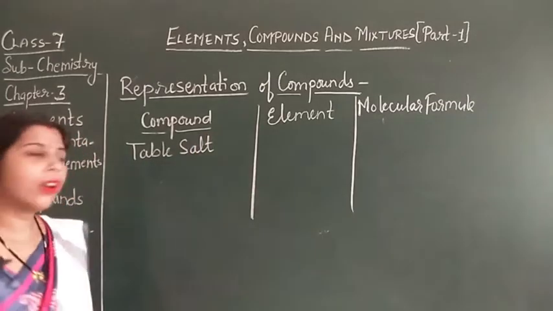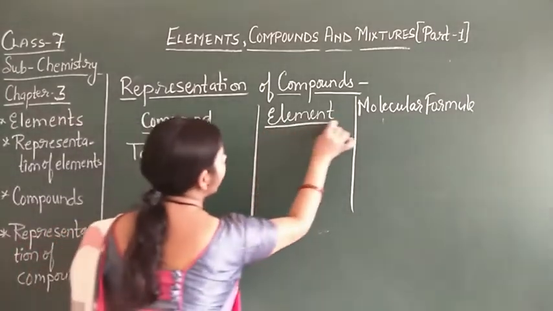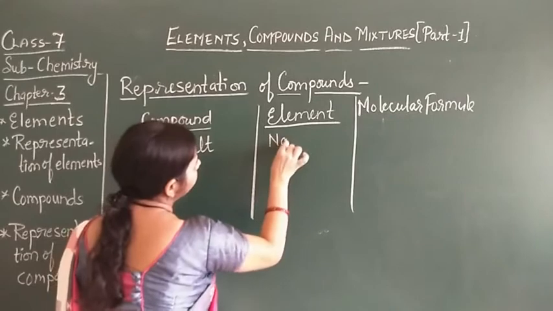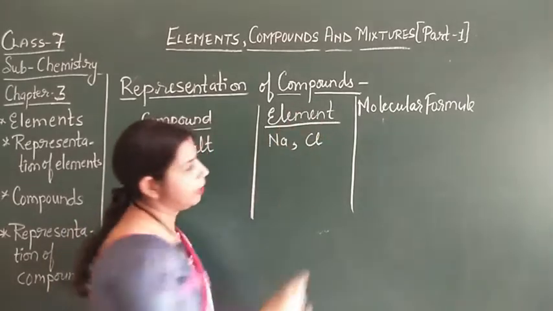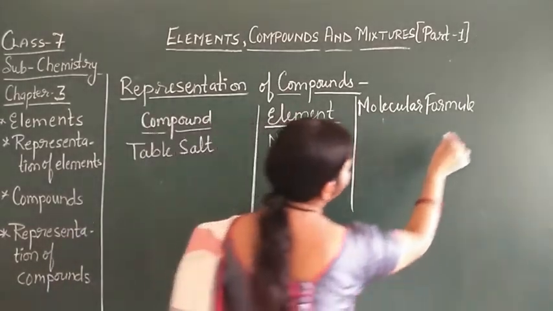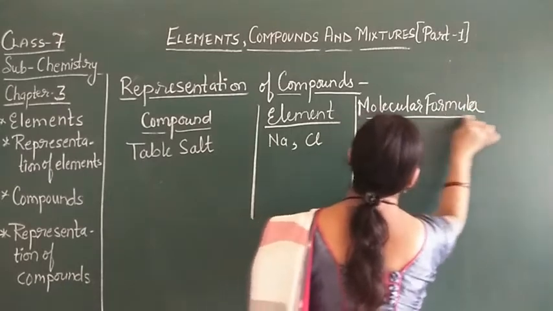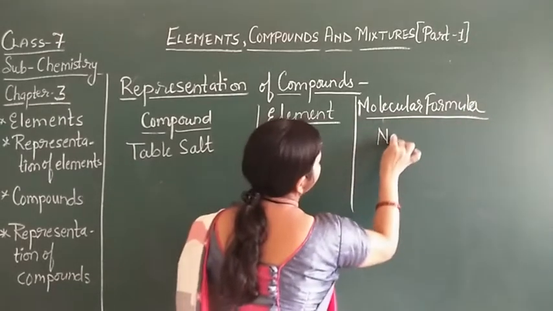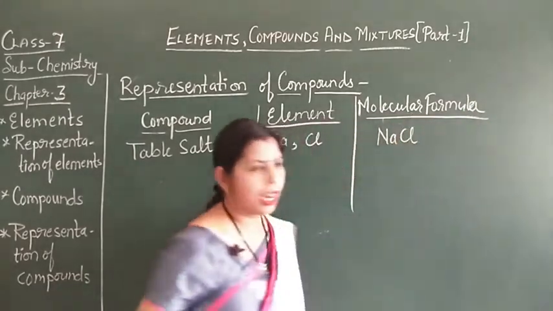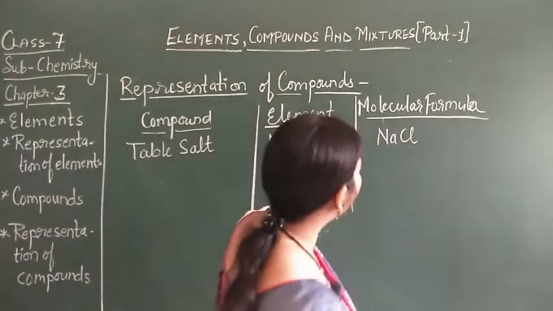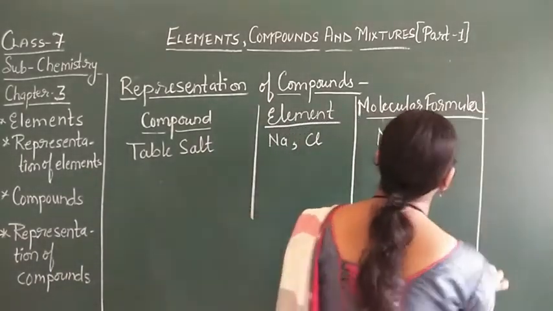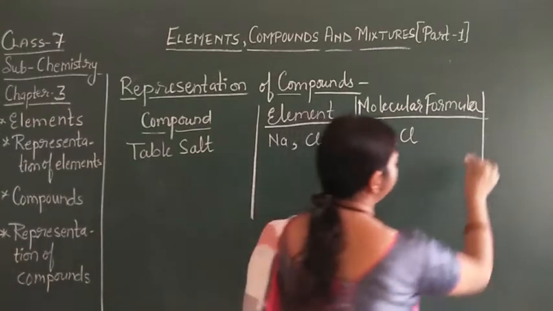The table salt has the elements sodium and chlorine. The molecular formula for this table salt is NaCl, and the common name for this is sodium chloride.